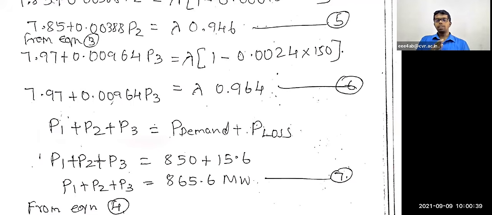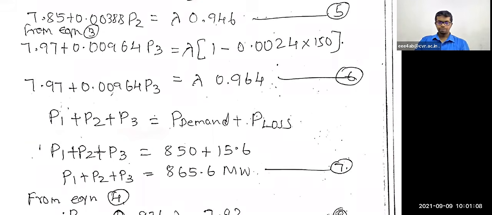For example, instead of 850, you will get 840, or sometimes 855 megawatt. How does it come? Because generation itself is less and loss is also there. That is the kind of mistake people sometimes make. So when a loss problem is asked, always add the losses here.